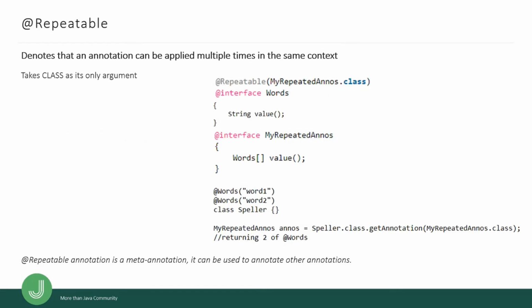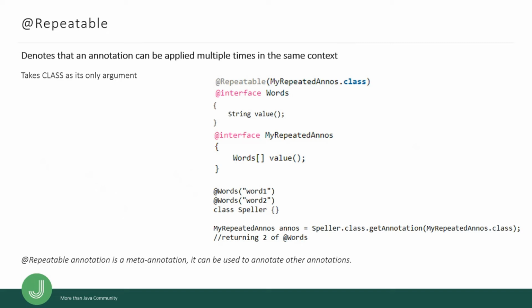Okay, and the final annotation is repeatable. Its purpose is simple. It just shows that some annotation we're creating can be applied multiple times. It also takes a class as its argument. So let's see an example. For example, we're creating an annotation called words. It's just getting a string as a value, and we're marking it as repeatable.